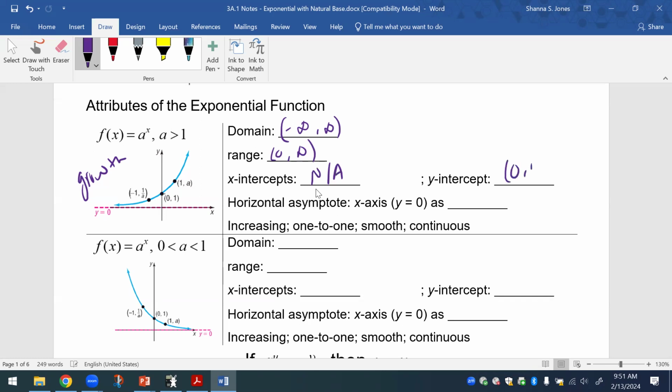The y-intercept is at 0, 1. You have your horizontal asymptote, which is your imaginary boundary line on the x-axis, which is y equals 0. And as x goes to negative infinity, meaning to the left, that's what it's approaching.